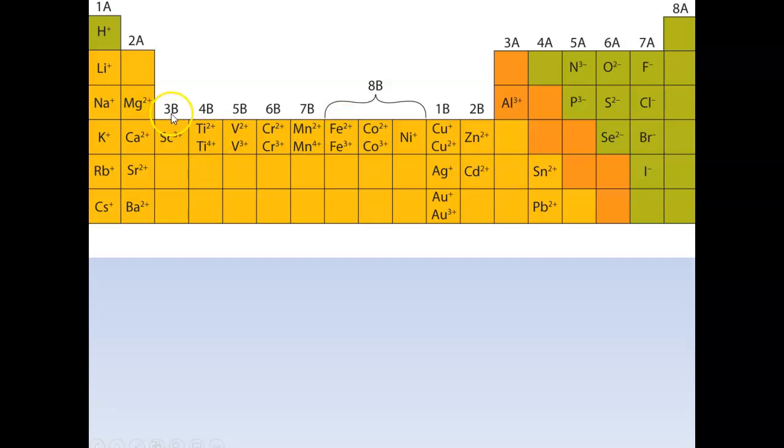But for transition elements, there is a rule that they can have different charges. Let's say iron. For iron, it's common to have a 2 positive or a 3 positive charge. For cobalt, 2 positive and 3 positive charge. So just pay attention to this table.